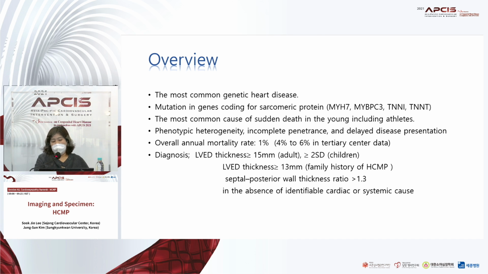But when the patient has a family history of hypertrophic cardiomyopathy, the threshold can be 13 millimeters. And not necessarily mandatory, but the septal to posterior wall thickness ratio is usually more than 1.3, in the absence of an identifiable cardiac or systemic cause of LVH.